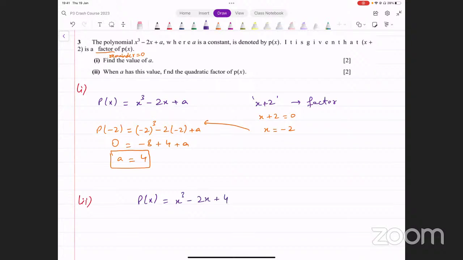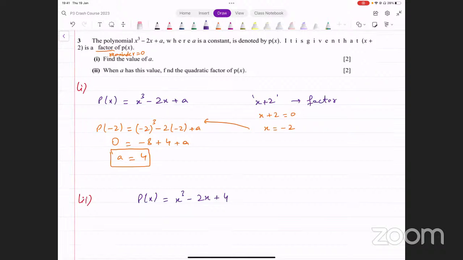We know that x plus 2 is a factor already. What is the quadratic factor? How do you find that? Anyone other than Josefa? How do you find the quadratic factor? Any ideas?